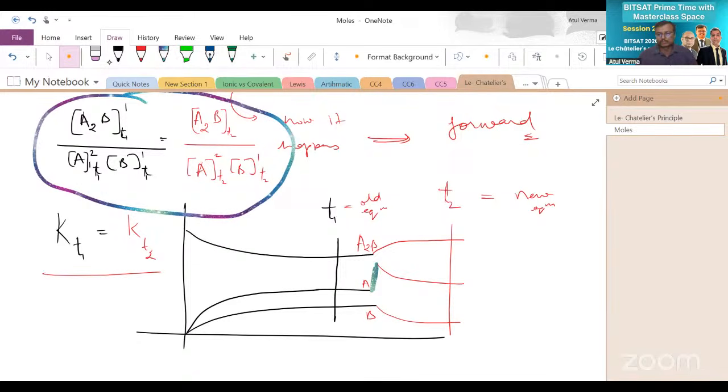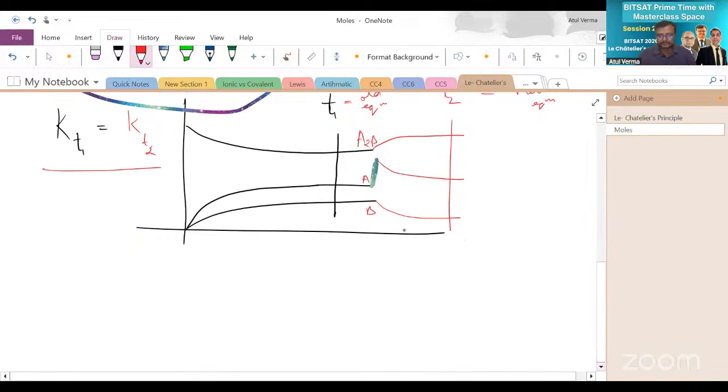So this was the concept. And if you see the new moles of A, if someone asks what happens to the new concentration of A, it is slightly higher than the previous concentration. What happens to the concentration of B? Friends, it is lower than the previous concentration. What happens to A to B? It is higher.